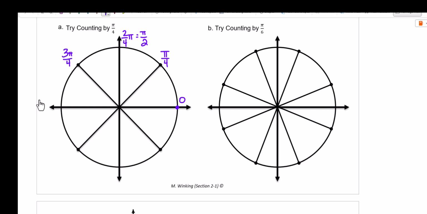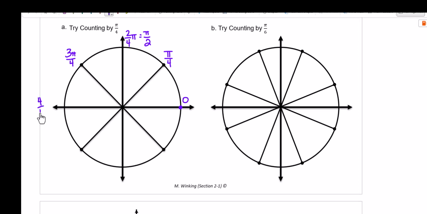And then here, this should be 4 over 4. So I have 4 over 4 pi radians. Well, 4 over 4 is just 1, so this is pi radians. If this is 4 over 4, this should be 5 over 4. Here, this would be 6 over 4. 6 over 4 can reduce to 3/2.